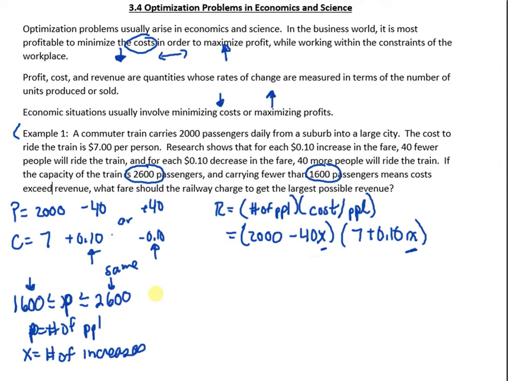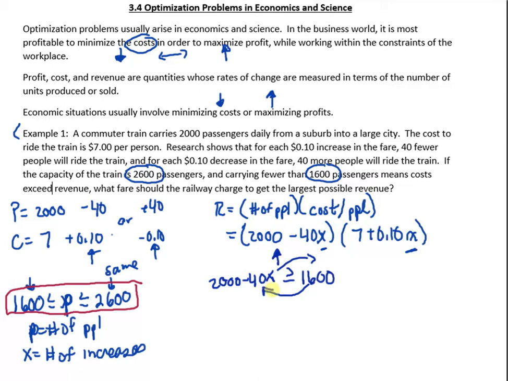Okay, so let's look at the domain of P, the domain of the number of passengers. Since the number of passengers must be at least 1,600, this expression, 2,000 minus 40x, must be greater than or equal to 1,600.